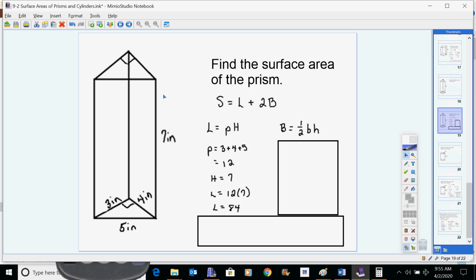If it was shaded in and they didn't want you to calculate it because it was already given, you would just go ahead and add in 2 times that number. But if it's a shape that they're giving you the sides of, make sure you use the right formula. Now you're like, okay, well I have a 3 and a 4 and a 5. This is a right triangle, so the base and the height are here and here.